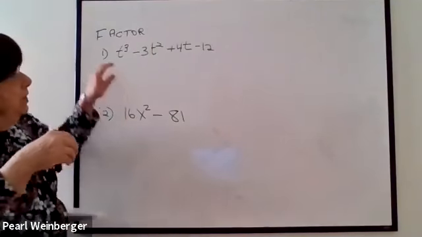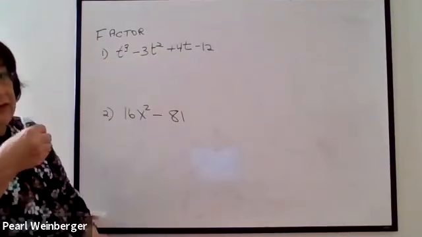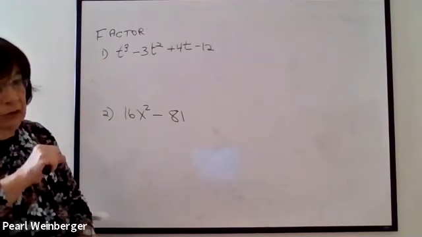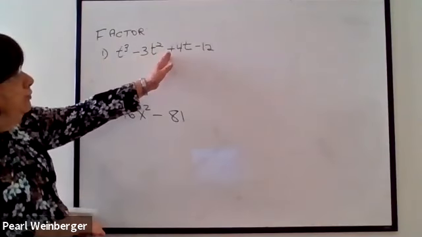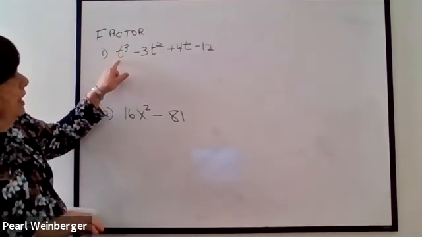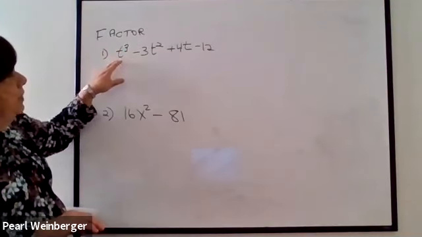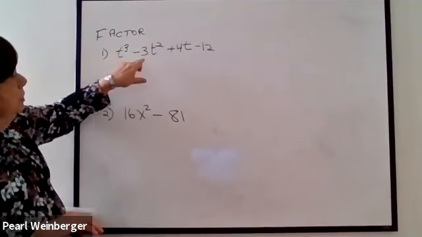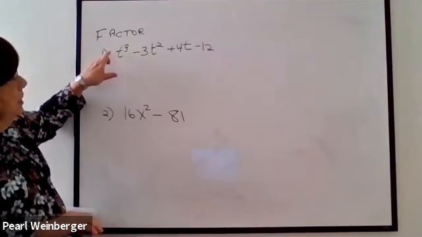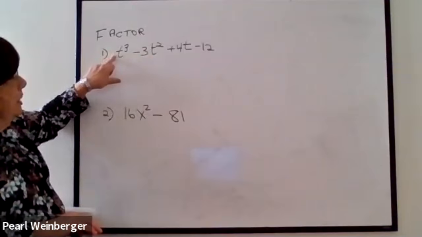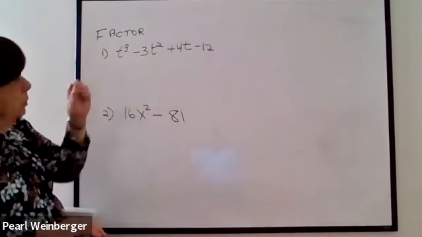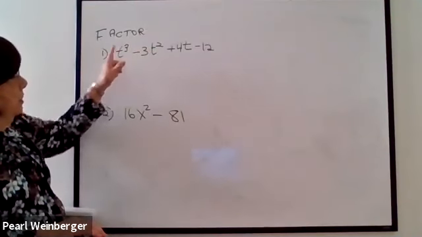If you're given something that has 4 terms and you're asked to factor it, it means that you want to try and do it using grouping, which means you take your first 2 terms and look if there's a common factor in those first 2 terms. The first 2 terms are t to the 3 minus 3t squared. This one has a coefficient of 1, so there is no common number, but there is a common letter.